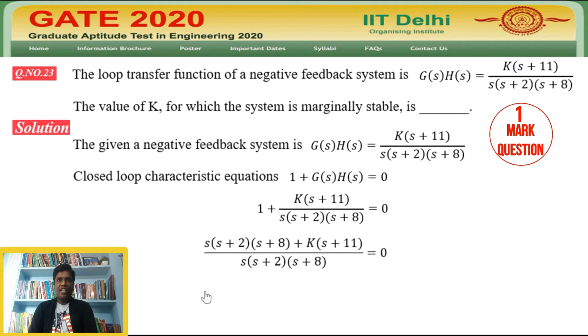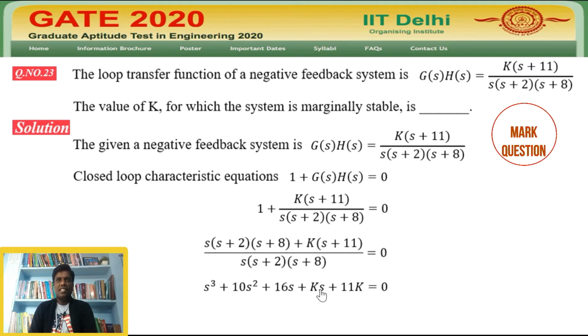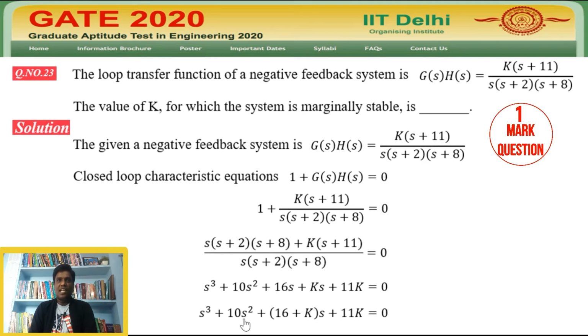After that, the equation will be s cube + 10s square + 16s + Ks + 11K = 0. Next, take the common term in the third and fourth terms of this equation. Then the equation will be s cube + 10s square + (16 + K)s + 11K = 0. So, this is the required characteristic equation of the loop transfer function of a negative feedback system.